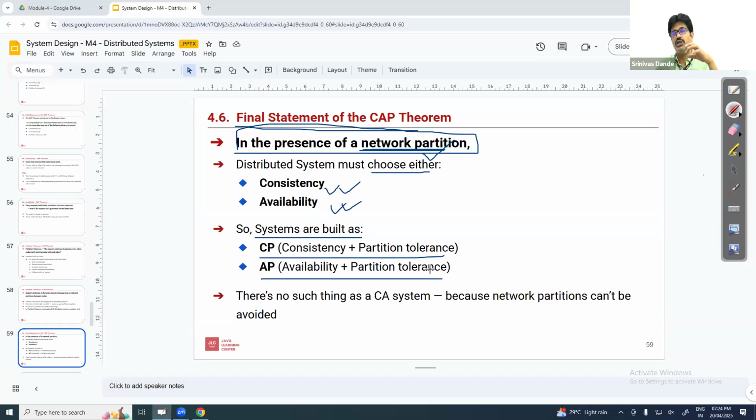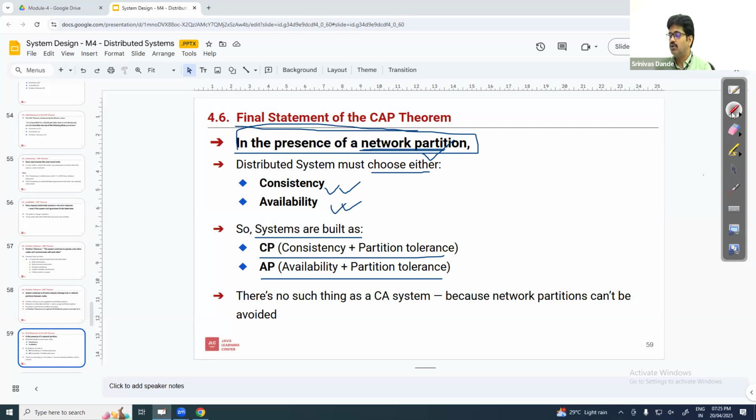If you are new to distributed system design, you should not think: in my distributed system network problems may come, but I want consistency and I want availability. Impossible. You cannot get both consistency and availability. You can get either CP or AP: consistency with partition tolerance, or availability with partition tolerance.